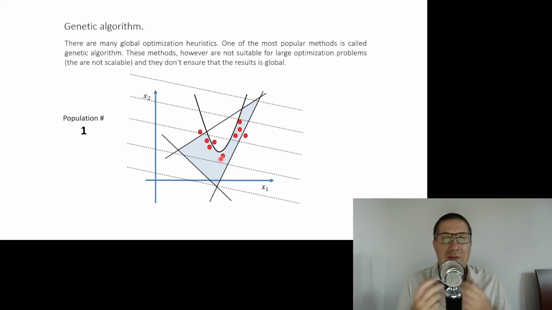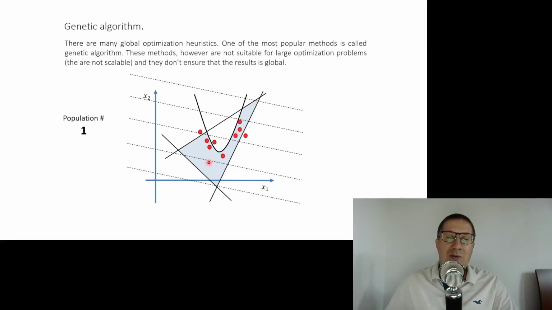So there is a crossover operation like in real life on your genome. The X1 from this guy can be replaced with the X1 from this guy, or they can be somewhere in the middle, depending on how we define the crossover operation.